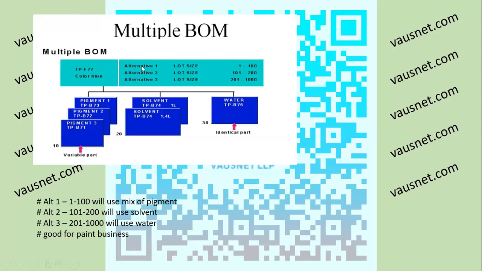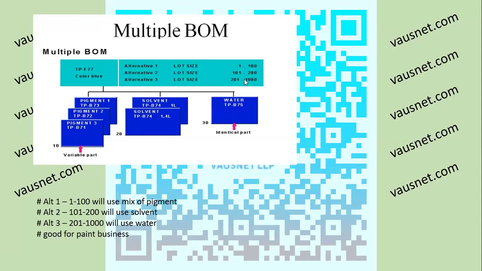So you have three alternatives to create that paint. If you're creating 1 to 100 liters of paint, then pigment one, two, or three will be used. If you are producing more than 100 liters up to 200, then of course solvents will be used.